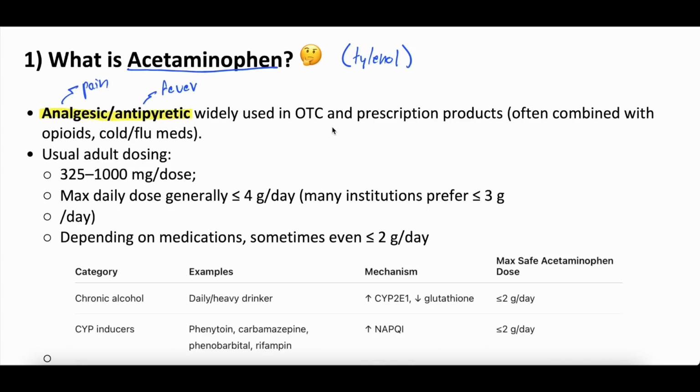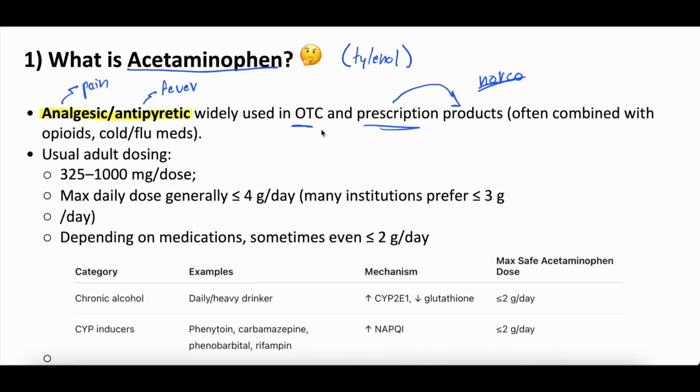You can get it OTC, over the counter, and you also can certainly get a prescription. There are certain combination prescription products combined with opiates, like brand name Norco, which is hydrocodone and acetaminophen. There's also things like Percocet.